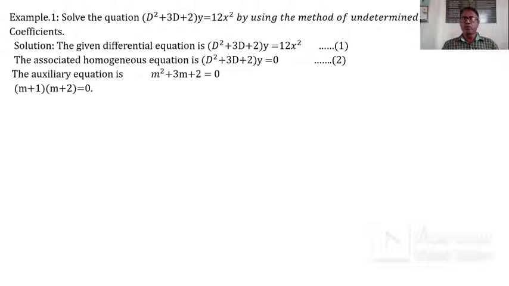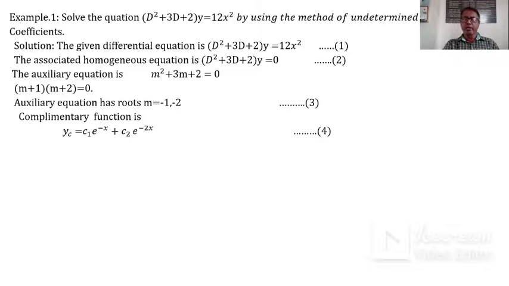From this, the auxiliary equation is m² + 3m + 2 = 0. We factorize it: (m + 1)(m + 2) = 0. Therefore, m = -1, -2, which means the auxiliary equation has real and distinct roots. Therefore, the complementary function is yc = c1 e^(-x) + c2 e^(-2x). First part is easy.